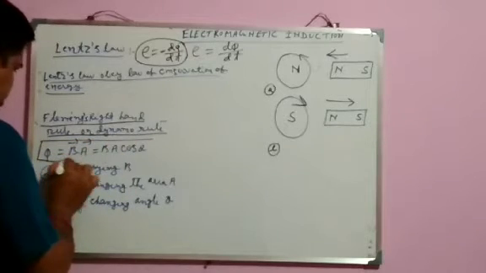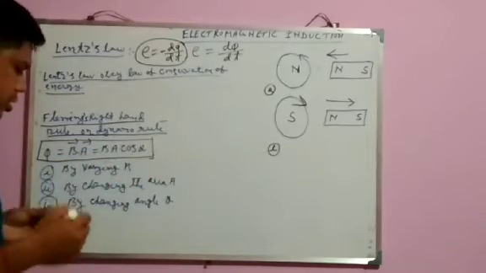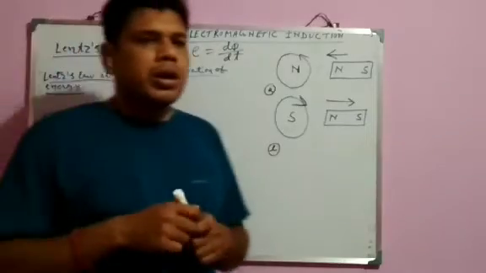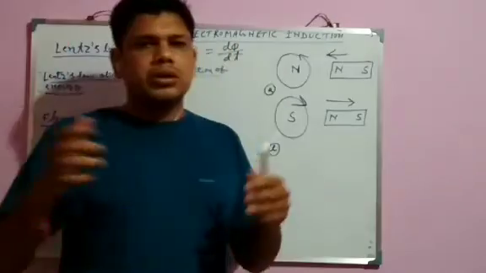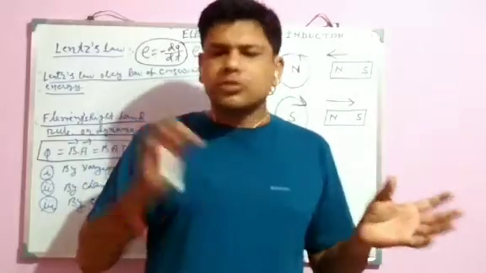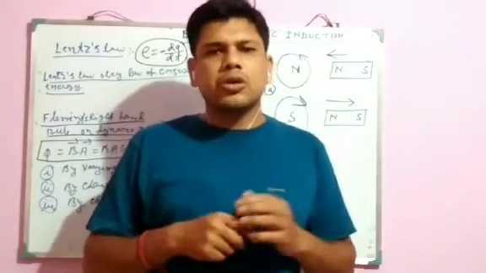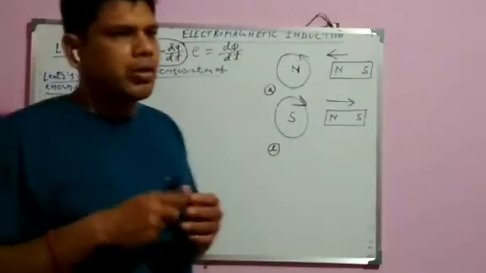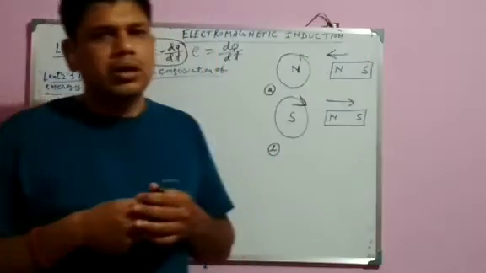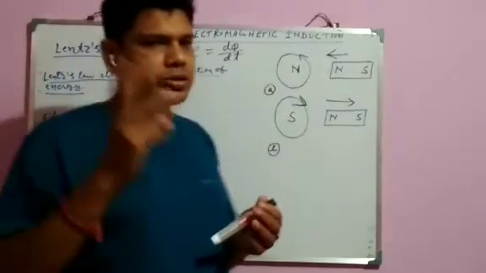Now we know this formula: the magnetic flux φ = B⃗ · A⃗ = BA cos θ. From Faraday's law we know that only whenever the magnetic flux is changed will induced EMF or current be produced. Now, how many ways can we produce a change of magnetic flux? There are three ways.